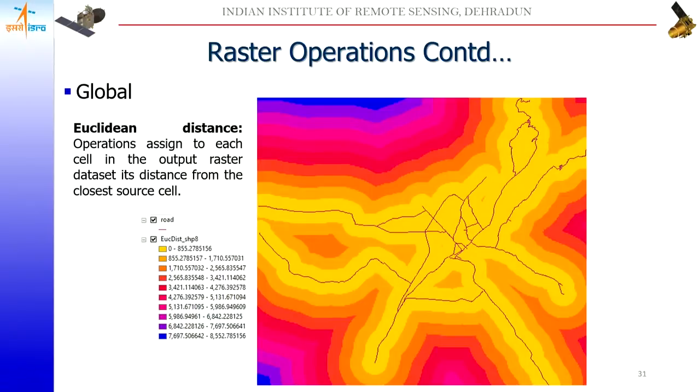That's why it is computed on each and every cell, because each pixel has to compute the minimum distance to the nearest feature. So it has to go over all the study region, considering each and every feature in this study region. In this case, we are taking the distance to the roads.